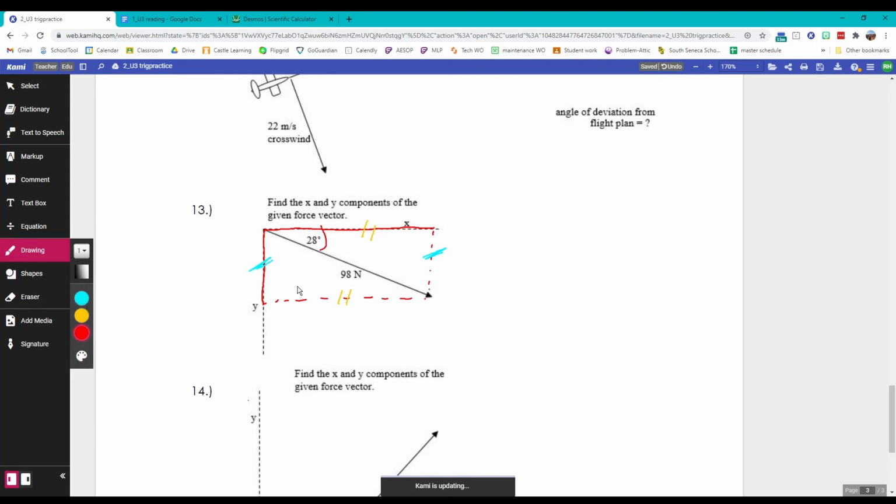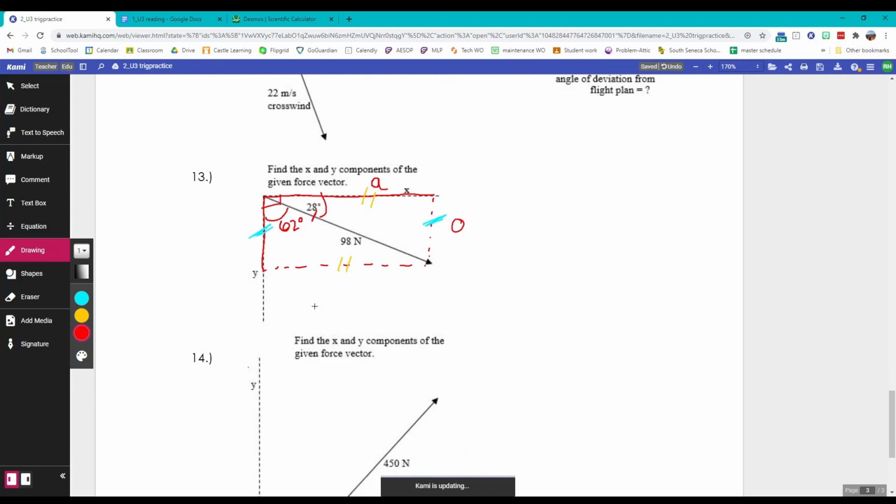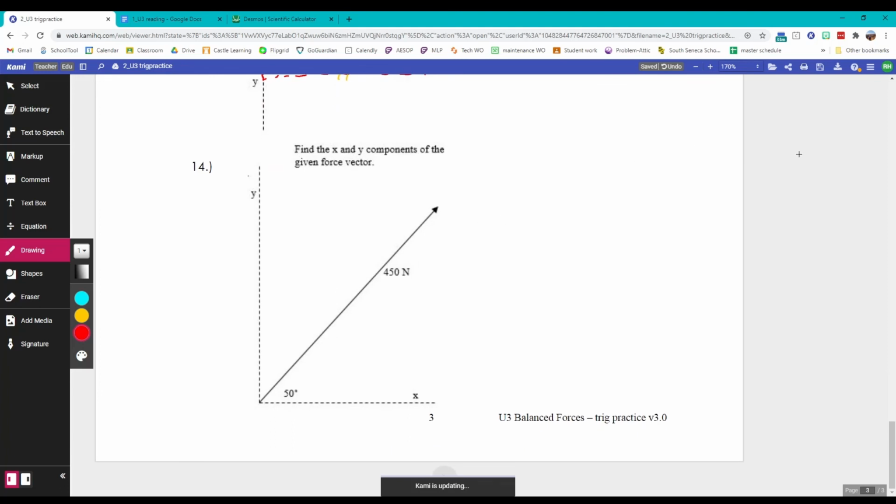So I know this angle and I know the hypotenuse, and I want to find both the adjacent and the opposite. If you want to use this one over here, you would have to know that this is going to be 62 degrees. Is that right? Yeah, 62, because these two together would add to 90. Okay, all right, good luck with that.